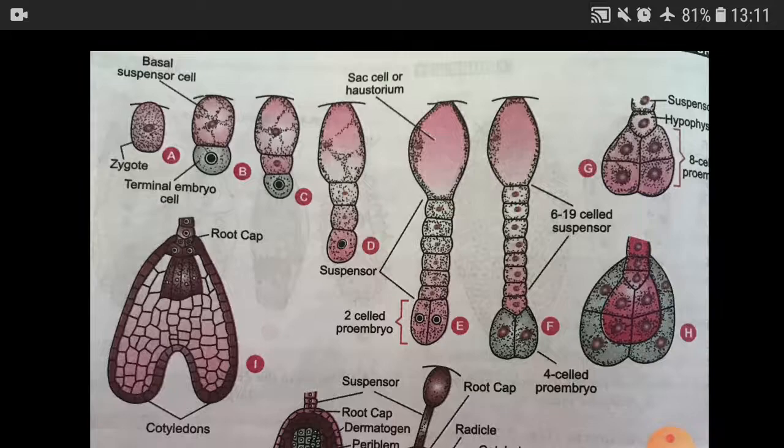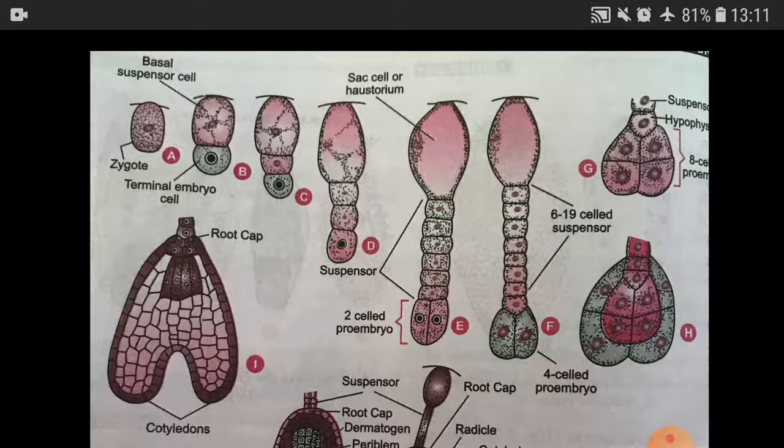Right? Okay. Then these 8 protodermal cells divide by anticlinal divisions to form the embryonic surface layer or epidermis. The 8 inner cells divide in different planes to form the ground meristem and procambium of cotyledons, hypocotyl and plumule.